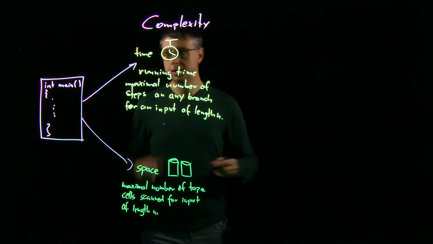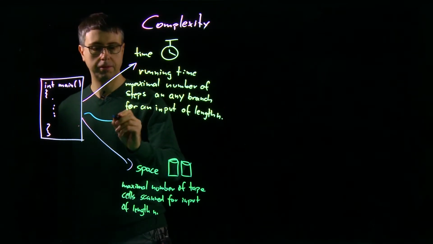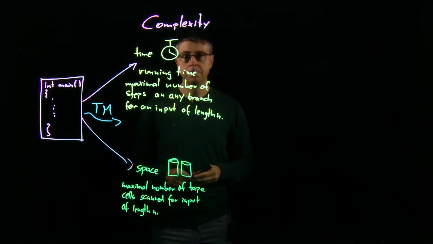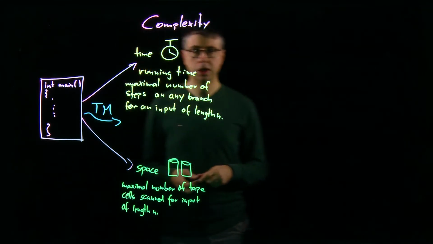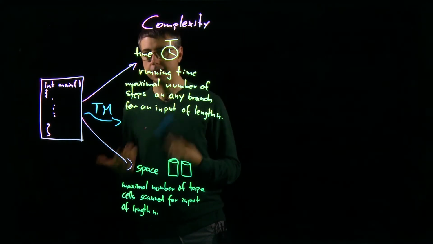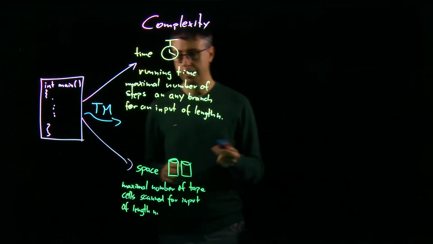So what we do is we transition from our program to the Turing machine as our machine model. But in many cases, we'll use more or less informal arguments, how many steps the Turing machine will take.